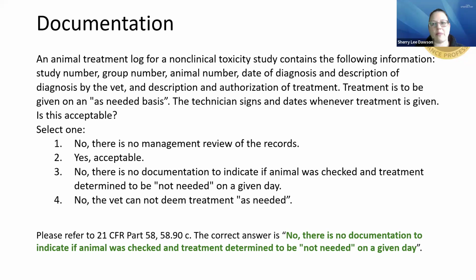Or for example, if you have to take the left and right kidneys during a necropsy, and the animal doesn't have a left kidney, they were just born that way, you would still document that in your data: no left kidney obtained because there was none. So you still want that positive documentation.